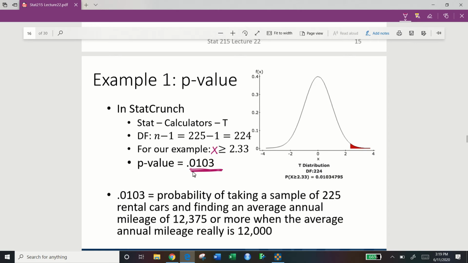That means that 0.0103 is the probability of taking a sample of 225 rental cars and finding an average annual mileage of 12,375 or more when the average annual mileage really is 12,000.